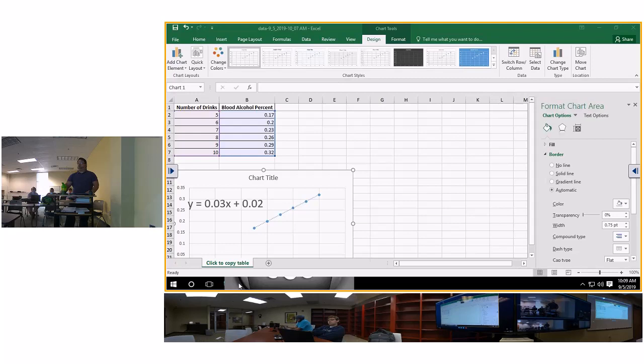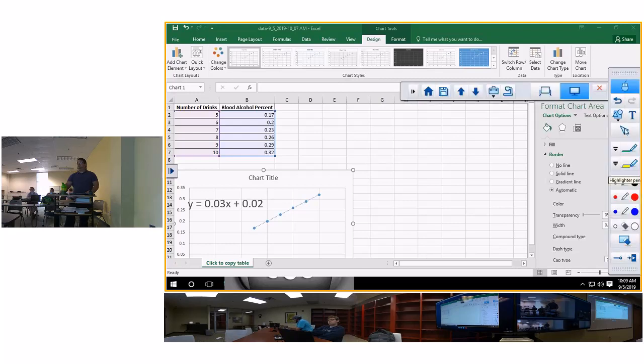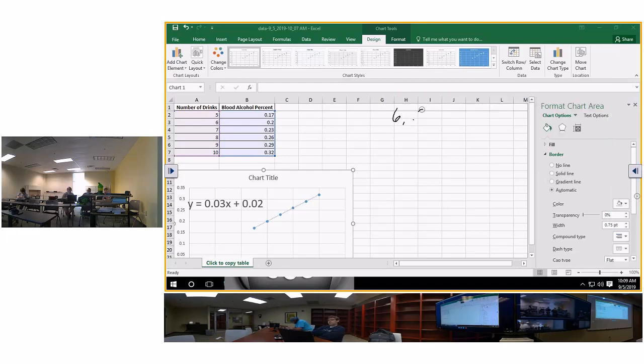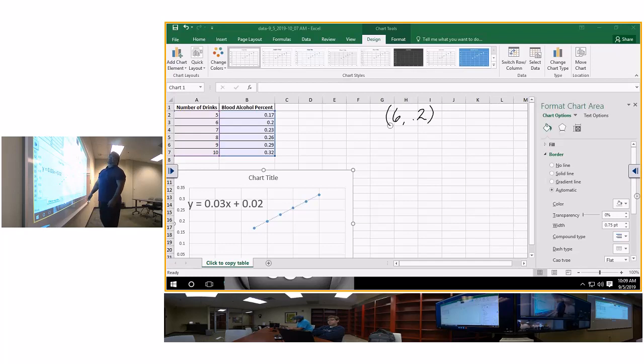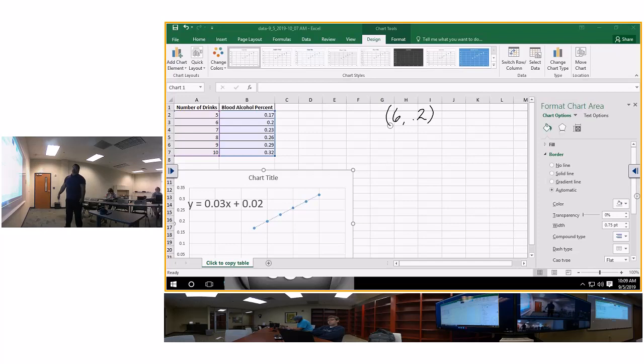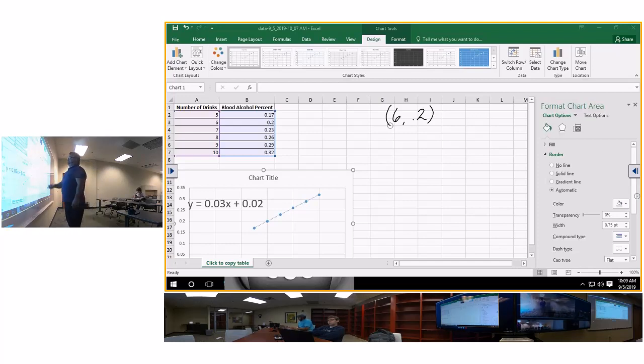Hold on a second. I'm going to pick a point. I'm going to pick 6 and point 2. Now, why did I pick 6 and point 2? Easiest, because you don't have a lot of decimals. For the other one, I'll pick the first one, 5 and point 17.